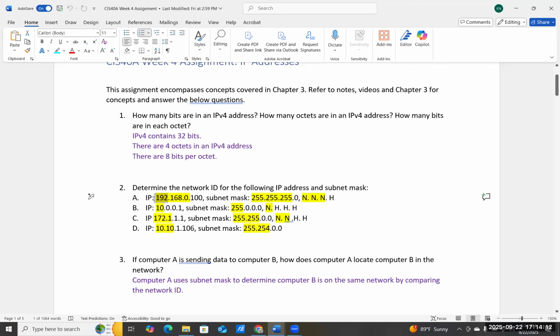So the first, second, and third octets are network ID. So it will be network, network, network, host. The router simply looks at the 3 octets to determine that's the network.